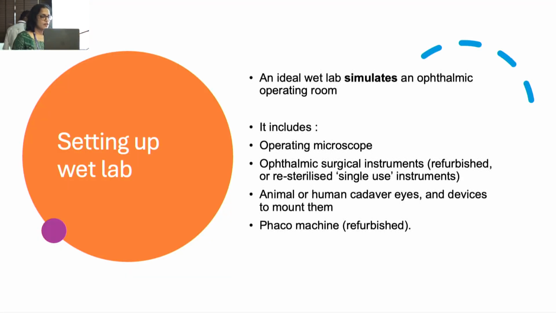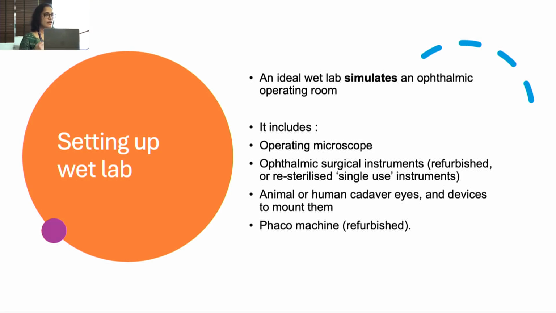Setting up a wet lab is also very important. According to studies, it requires a room which will accommodate one trainee and a trainer, an operating microscope, the ophthalmic surgical instruments, and the eyes, either human cadaver eyes or animal.